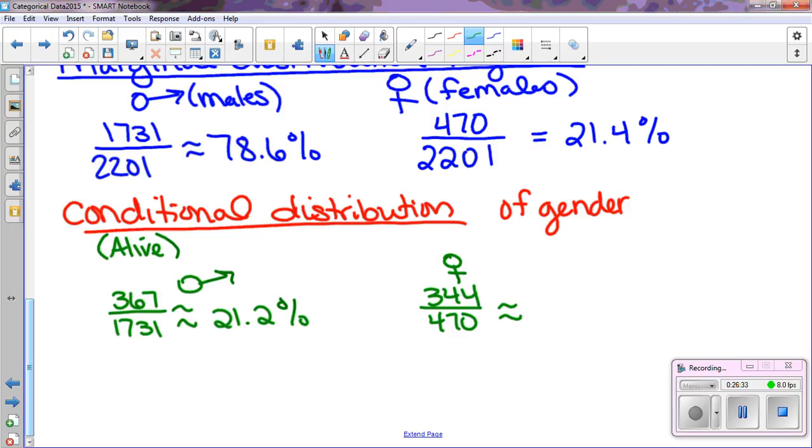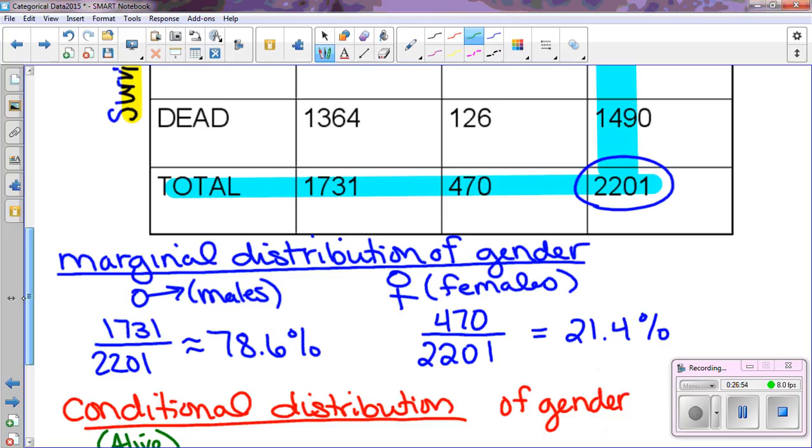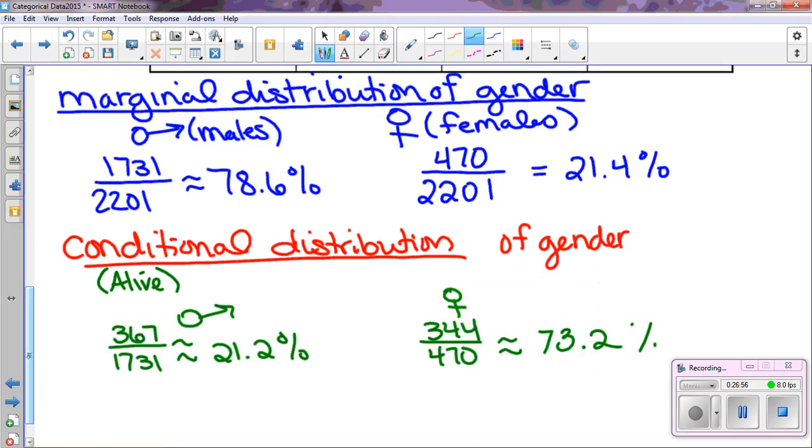Well, it's 0.7319. 73.2? Okay. They just don't add up to be 100%. Something's wrong. Can I just see your calculator? Did I divide them right? Did I make sure I'm doing it right? 367 and, oh, I know why. Never mind. That's okay. These aren't going to add up to 100 necessarily. Okay. All right, this is fine.